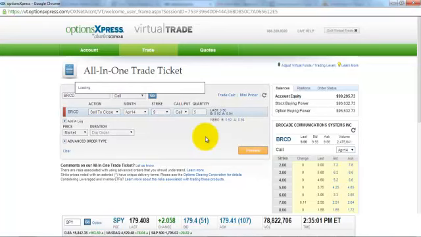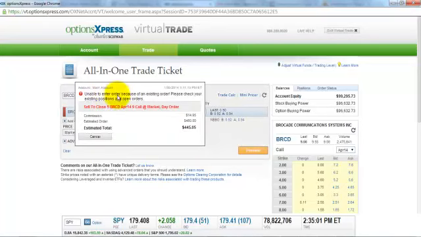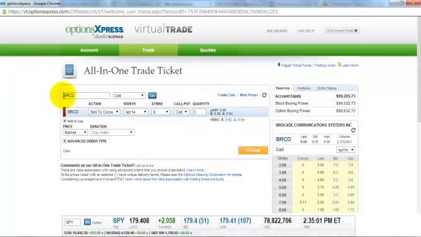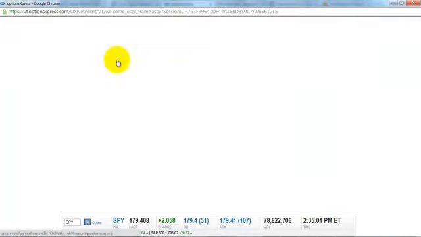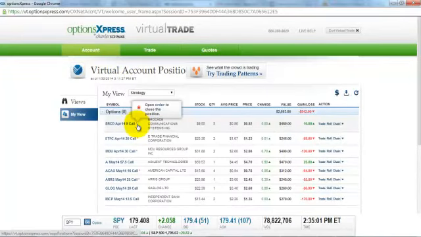So preview, but it says unable to enter order because of an existing order. Please check your existing positions and open orders. Okay, so I'll cancel this, and I know it's BRCD. So I go back to positions, and from the red star next to it, I'll hover my mouse on it, and slowly move my mouse to this. It says open order. This is a link. This order is a link.